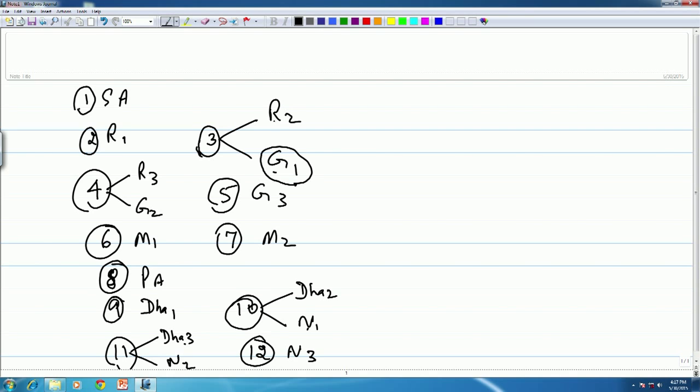This is the primary name for the third Swarasthana. But when we also have Re1 in a raga, so when we have the second Swarasthana and the third Swarasthana in a certain raga, then the second Swarasthana will be Re1, third Swarasthana will be G1. It can't be Re2.